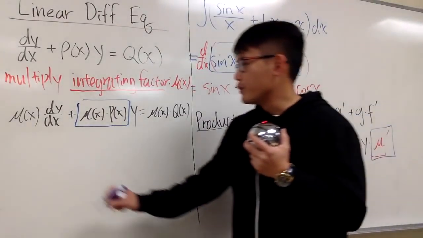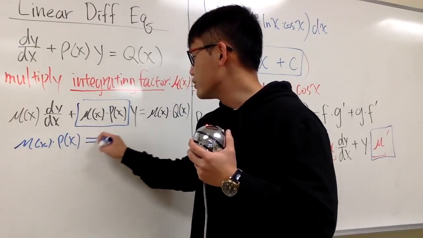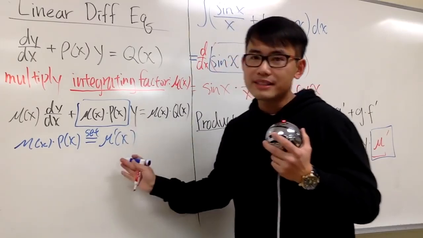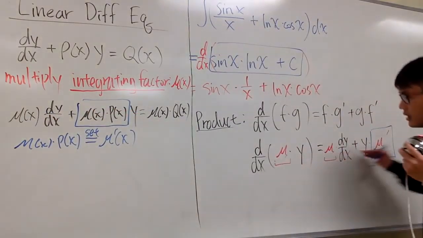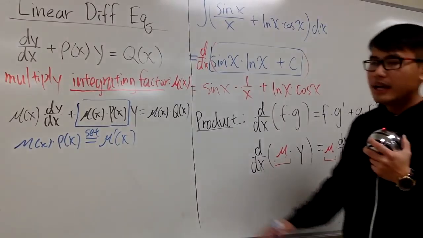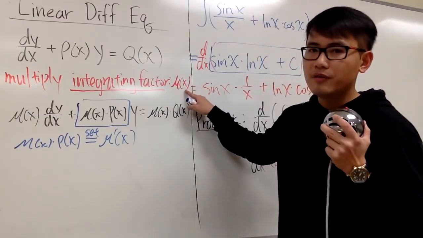And let me write this down right here for you guys. Mu of x times p of x, we want this to be, so let's set this to be mu prime of x. Because this way, you will see the left-hand side will be the derivative of a product of two functions, right? And from this right here, we'll be able to come up with a formula to get mu of x.